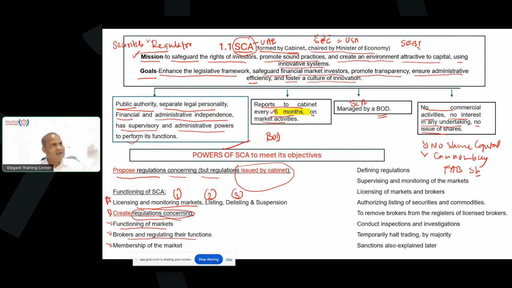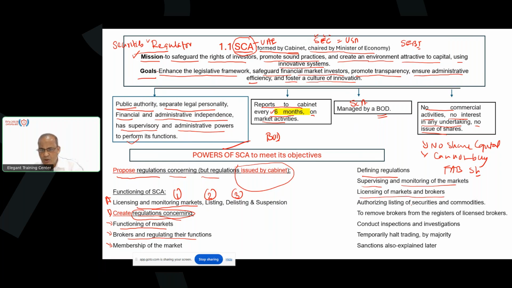So whoever needs a license from the market, whoever needs listing of shares, they are basically members of the market. Clear? Good.